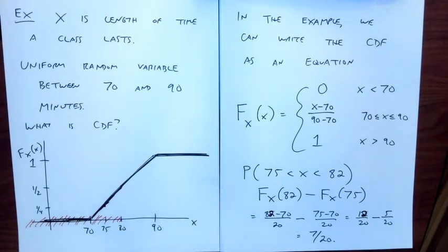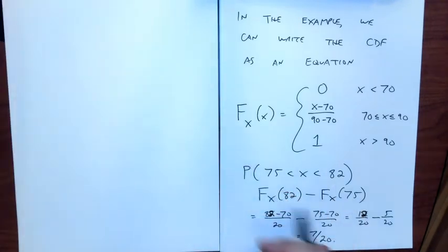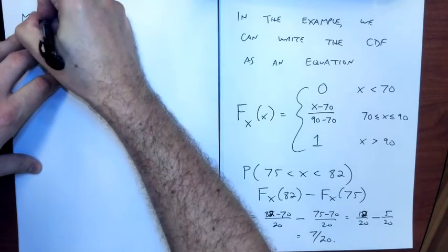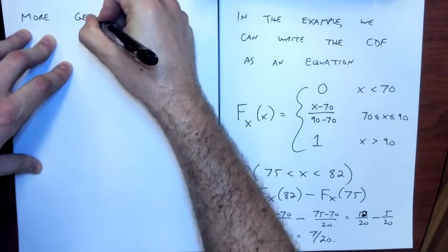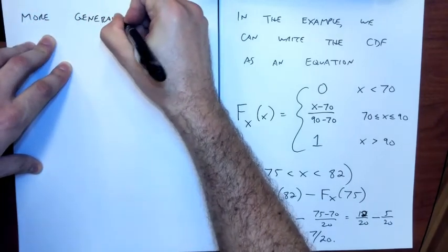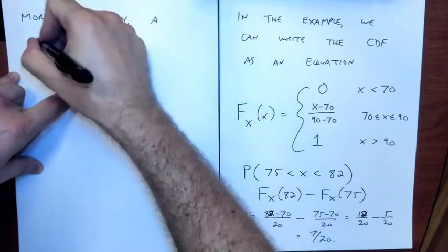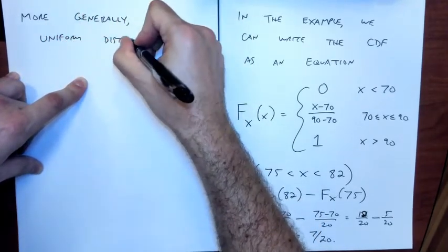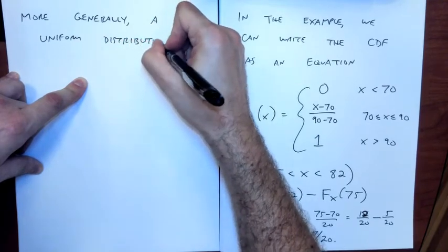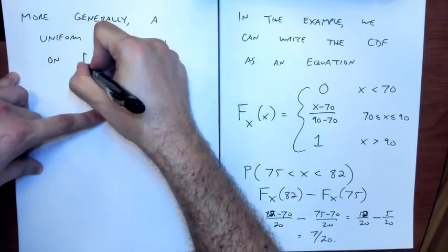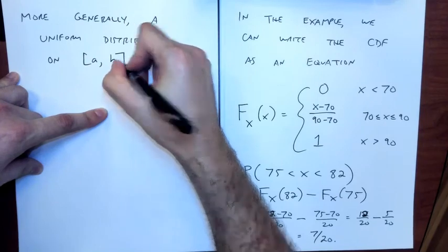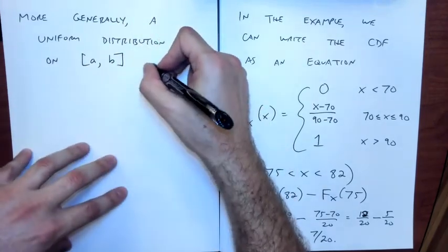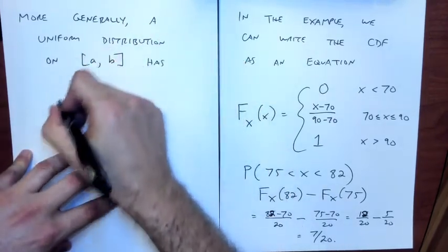And in general, I could think about a more general case. So more generally, if I have a uniform distribution between A and B, two values, what would the CDF of that look like?